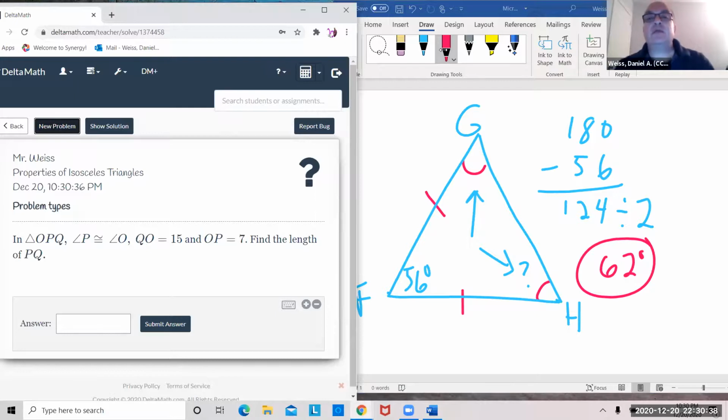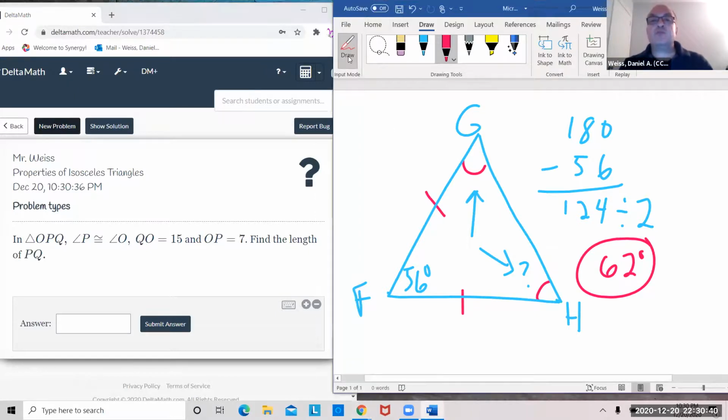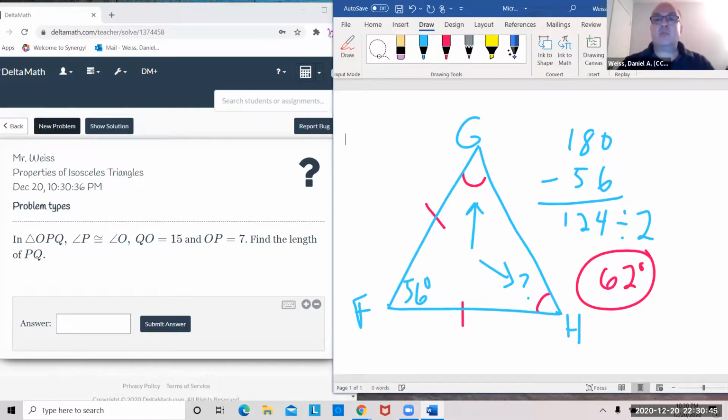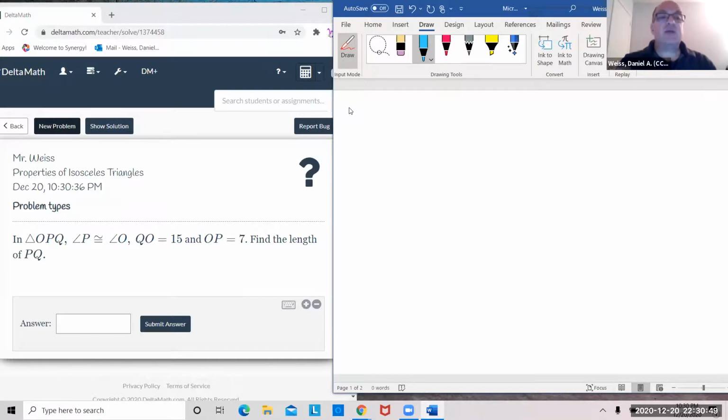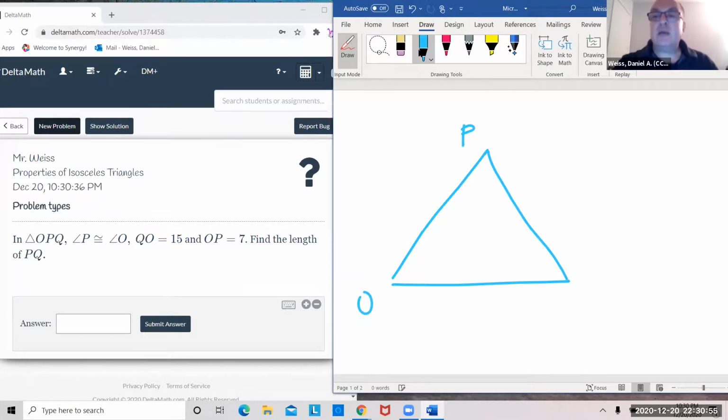All right, here's another one. Draw a picture. Triangle OPQ. Angle P is congruent to angle O. That means that side's equal to that side.